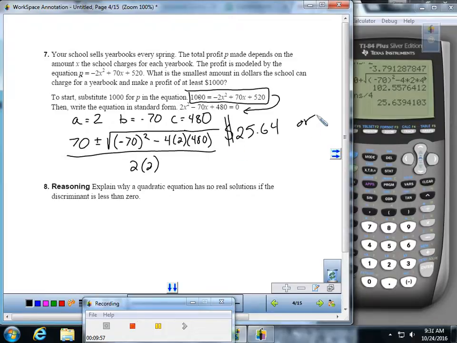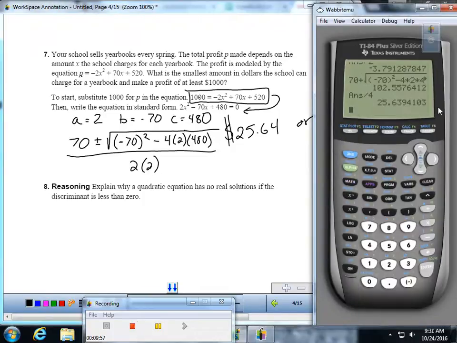Or we have another answer. Go back to this. Hit enter. Scroll left. Change this to a minus. Hit enter.